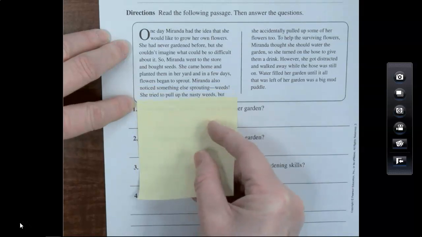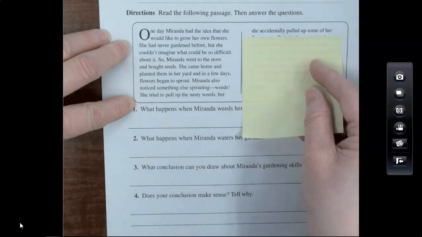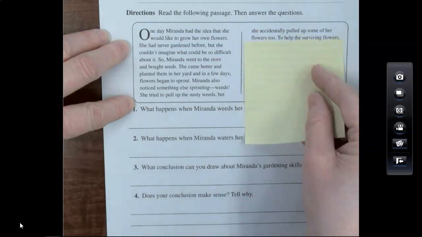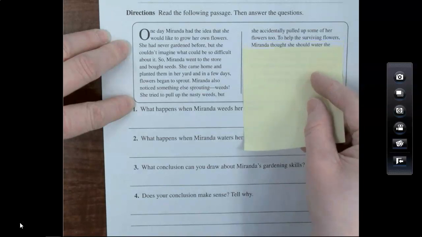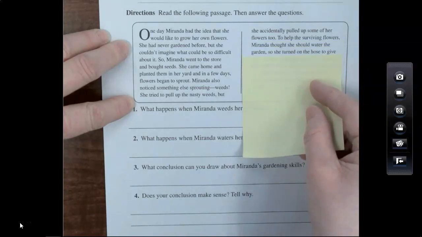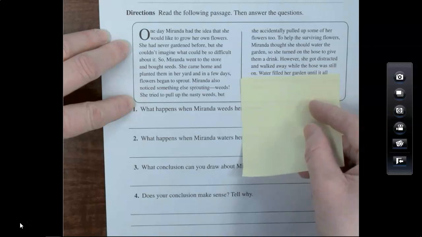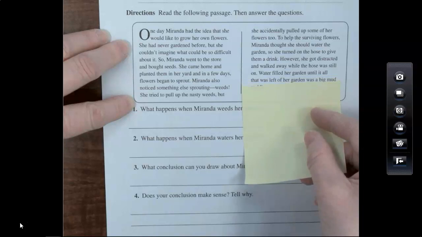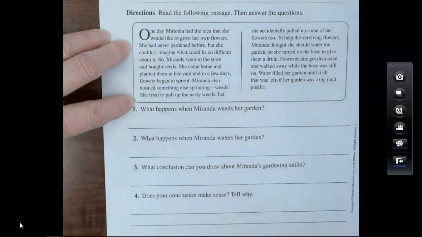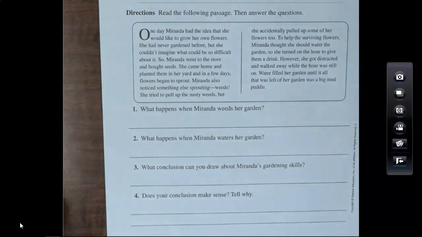She tried to pull up the nasty weeds, but she accidentally pulled up some of her flowers too. To help the surviving flowers, Miranda thought she should water the garden, so she turned on the hose to give them a drink. However, she got distracted and walked away while the hose was still on. Water filled her garden until all that was left of her garden was a big mud puddle. Okay, reading it again helped me understand it better.